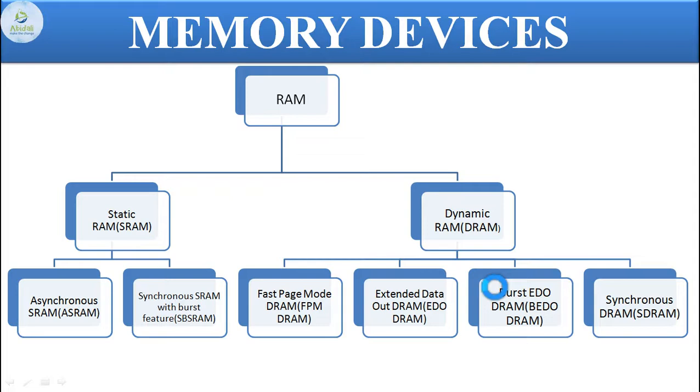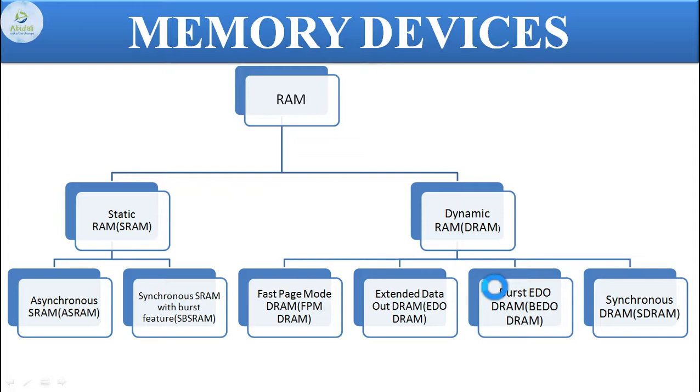The static RAM is further classified into asynchronous static random access memory, then we have SB RAM, with the burst feature. In the dynamic we have FPM, that is fast page mode dynamic random access memory.